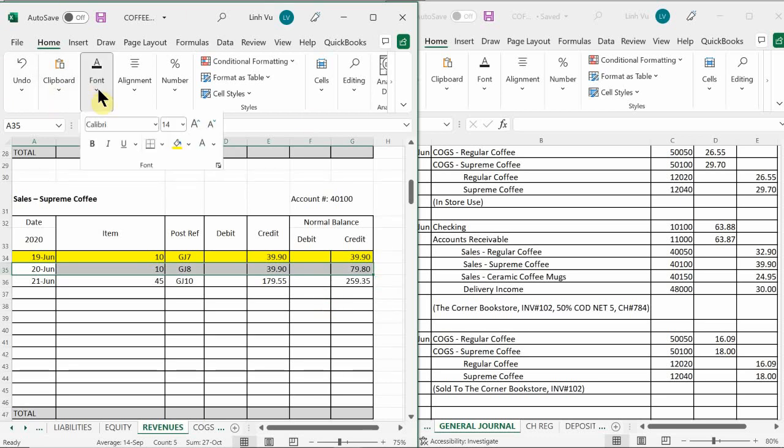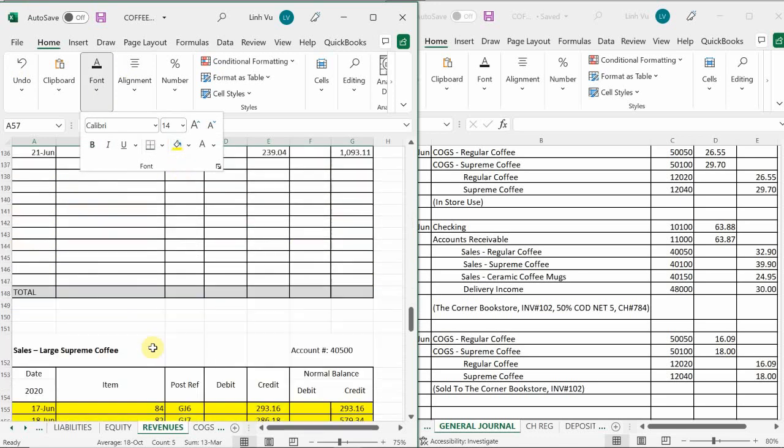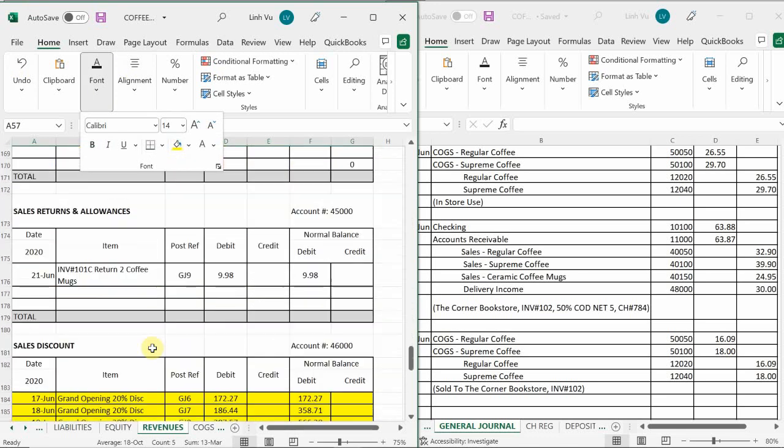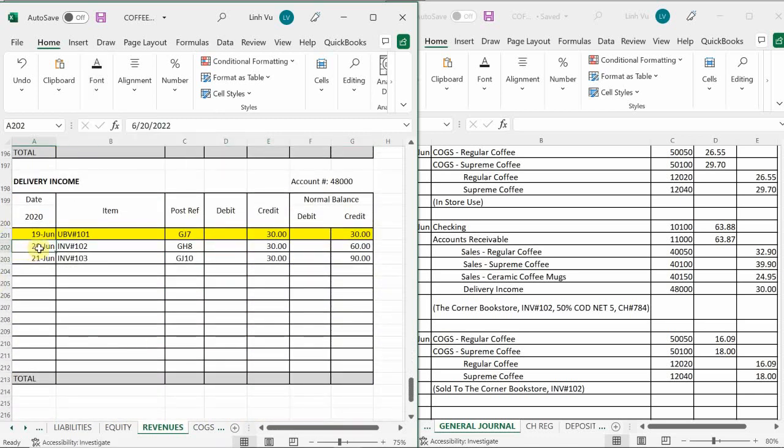And then I sold ceramic coffee mugs for $24. Okay. And then I charged them delivery income for $30. So that's all correct.